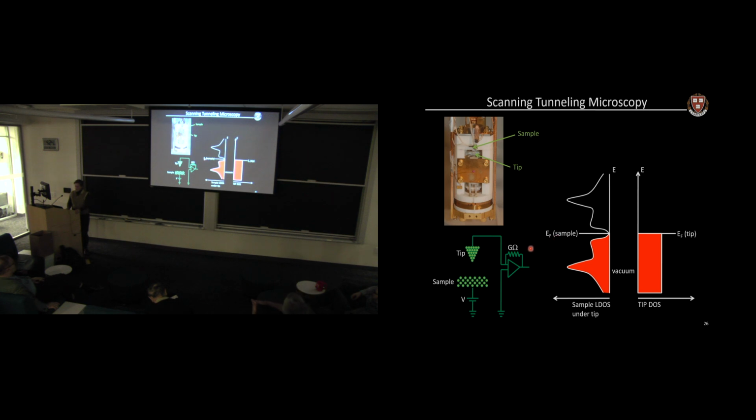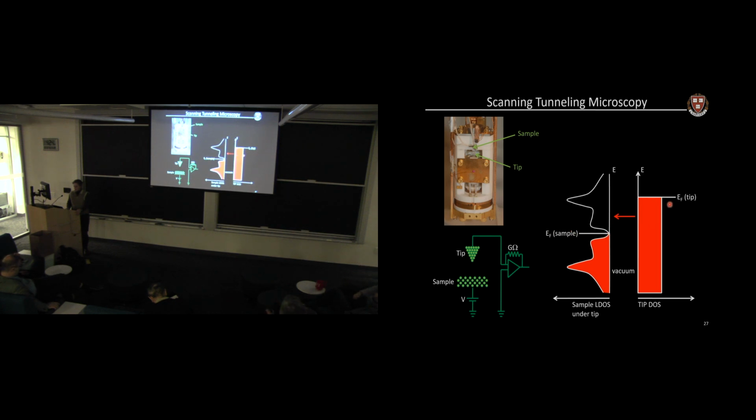So with 0 voltage applied between tip and sample, then the Fermi levels are aligned, and there's just as much current tunneling from here to here as there is tunneling from here to here. But if we apply a voltage between the tip and the sample, we're effectively raising the Fermi level of the tip with respect to the Fermi level of the sample.